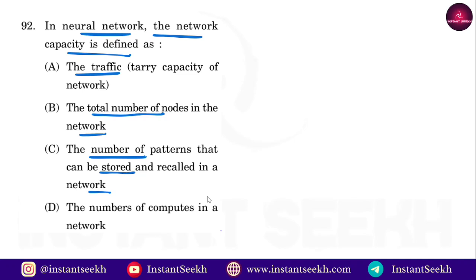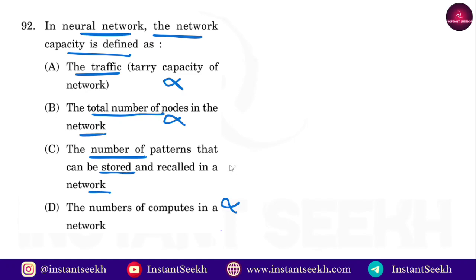So it is asking how the network capacity is defined in a neural network. The traffic does not define the capacity of the network. First of all, the total number of nodes also doesn't define the capacity of the neural network. Number of computers is about physical systems, not the neural network or neural learning.